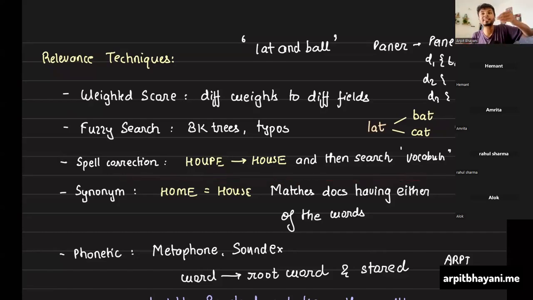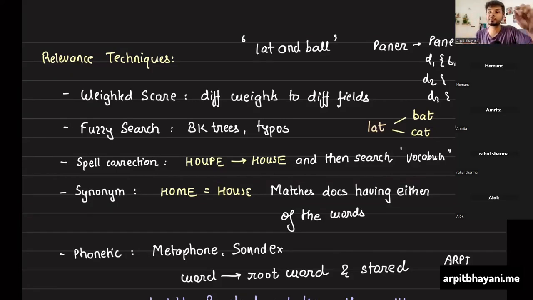You are correcting the spelling, not fuzzily searching. So let's say while typing, you type HOUPE instead of HOUSE, and let's say house is in your vocabulary. What you do is convert HOUPE into HOUSE and then search HOUSE internally.